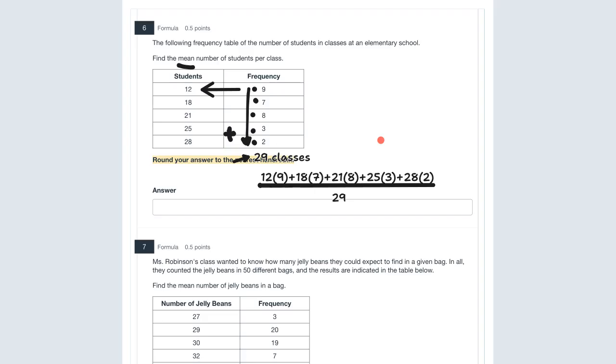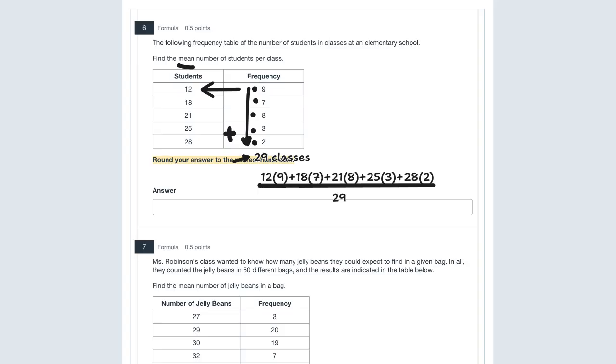So I'm going to type this guy into my calculator. So I'm going to grab my calculator off on the side here and clear it all out. I got 12 times 9 plus 18 times 7 plus 21 times 8 plus 25 times 3 plus 28 times 2.